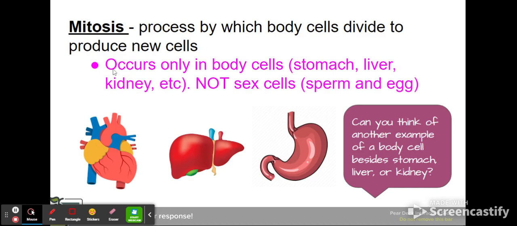We are going to write down this to help us remember that it only happens in body cells. What are some examples? Stomach, liver, kidney. Not sex or reproductive cells.